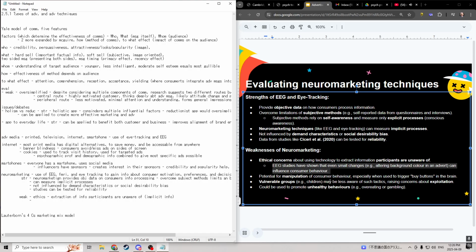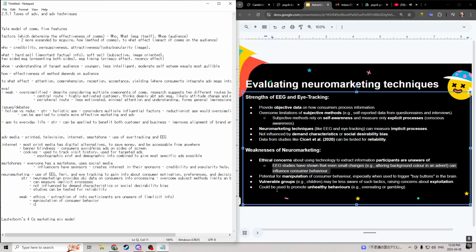Potential for manipulation of consumer behavior, especially needs to trigger buy buttons. But where do you draw the line, you know? Vulnerable groups may be less aware of such tactics.